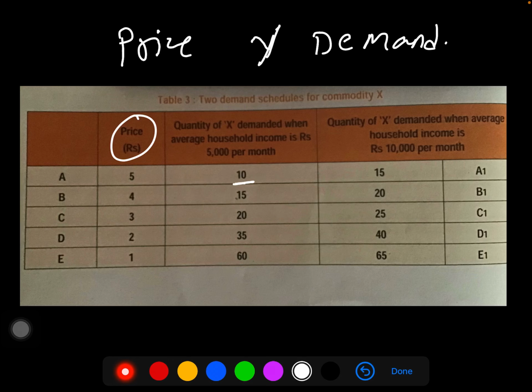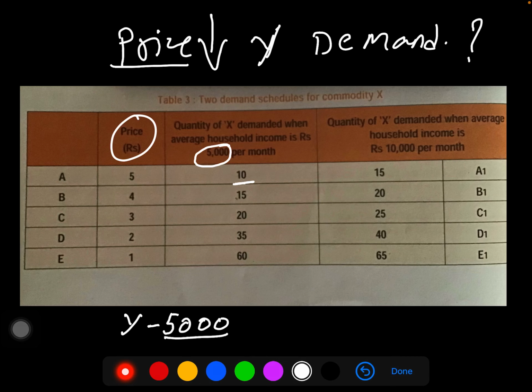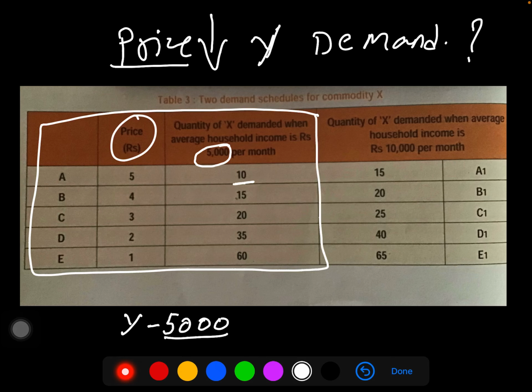Just imagine earlier income was 5,000 rupees. When 5,000 rupees income is there, price is continuously decreasing. What is the demand? Let's observe this. In A, price is 5 rupees, and I am demanding 10.